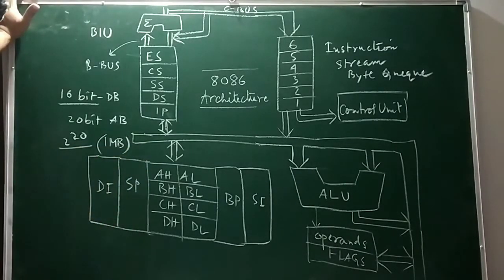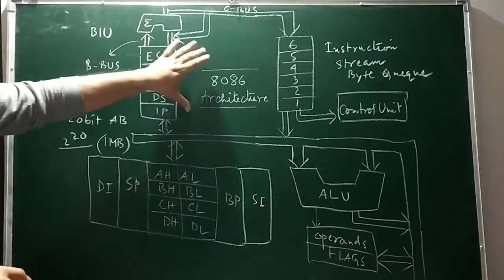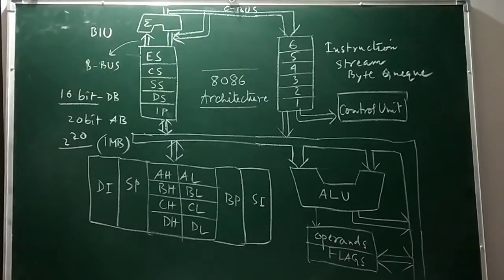Then the 8086 microprocessor can support up to 64K input output ports.